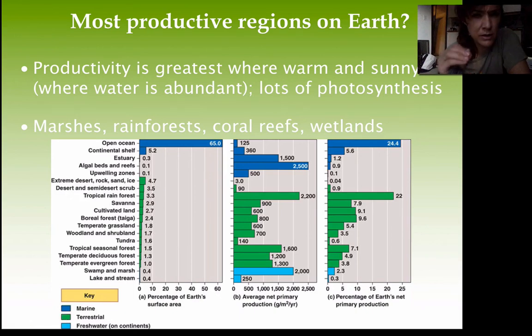And not all parts of the ocean are so productive. Parts right in the middle of the ocean, where there's rarely land anywhere near it, aren't productive. You've really got a lot of productivity the closer you are to the land itself, and we will learn a whole lot about why that is. It's because the land has nutrients in the soil.